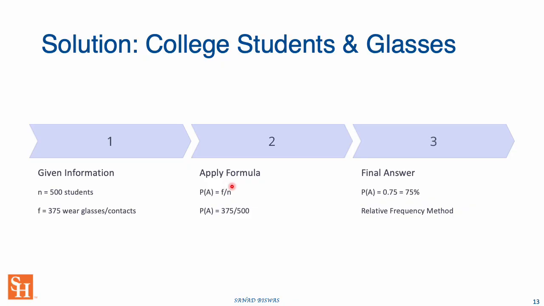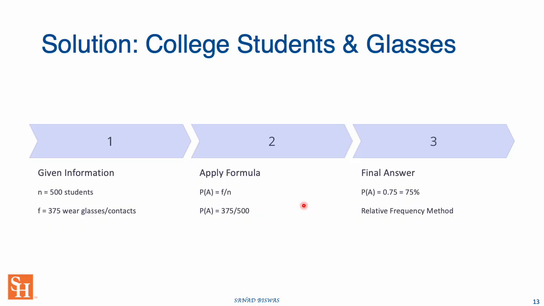Now to calculate the relative frequency, we have to divide the frequency, that means the number of students who wear glasses, by the total number of students. The number of students who wear glasses was 375, and the total number of students was 500. Therefore our relative frequency, which gives us the probability, is this, right?